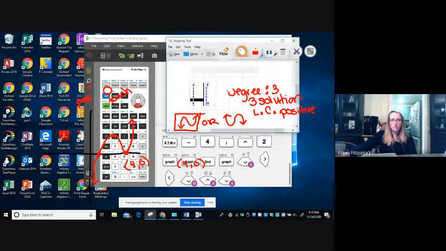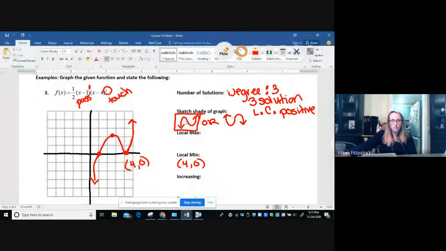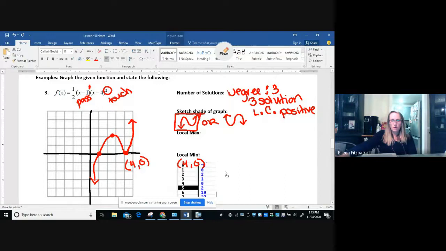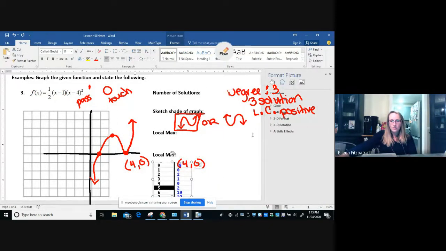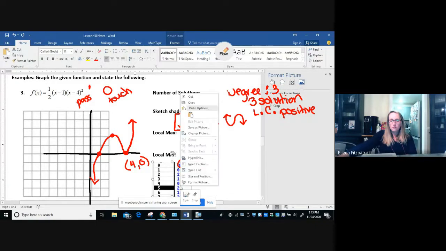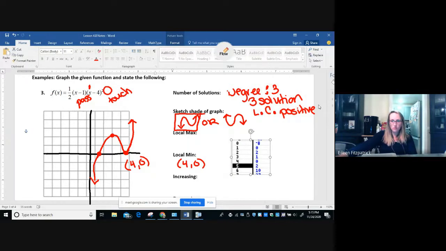Then I'm going to go edit, copy, go back to my notes, and paste it. That way I don't have to remember all the numbers to copy down.